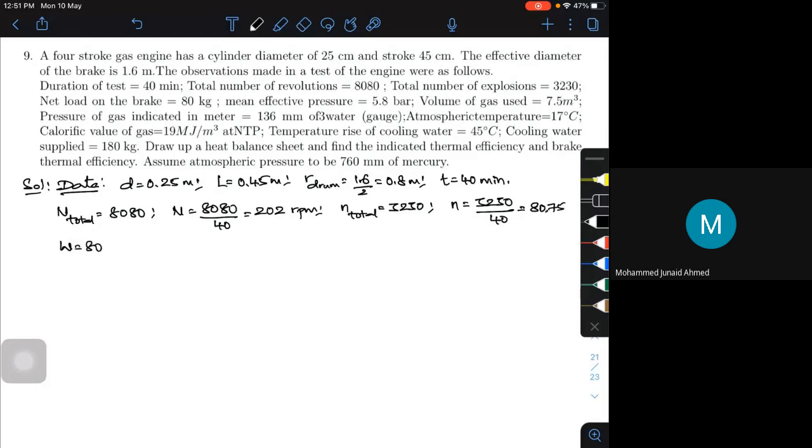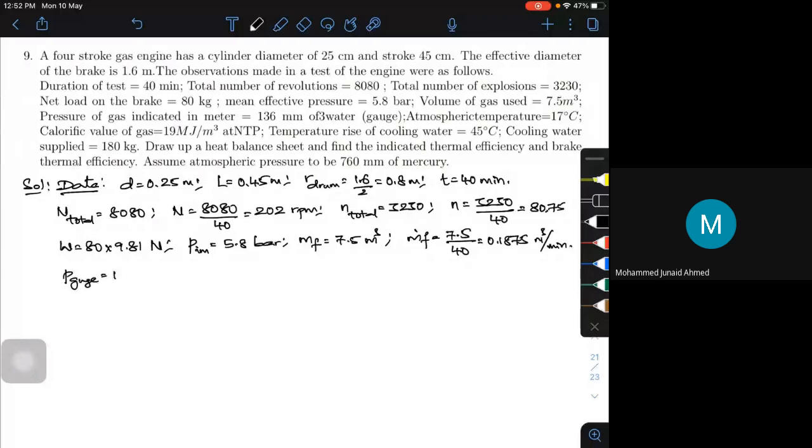Then the total volume of the fuel consumed, let me put it as m dot f, is 7.5 meter cube. m dot f is equal to 7.5 divided by 40, which is 0.1875 meter cube per minute. Then they are given the gauge pressure, which is 136 mm of water.